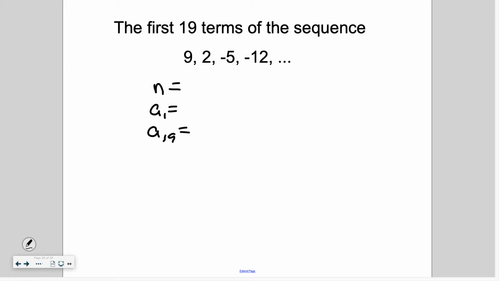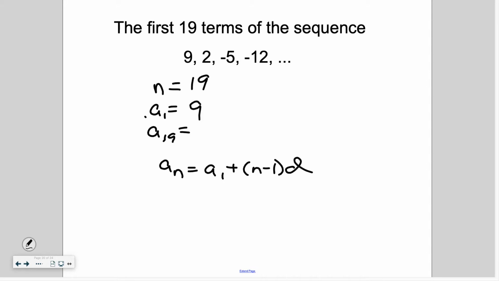19. Do we know our first term? 9. And then we're going to have to figure out what the last term is, right? So this would be a situation where we'd use that formula, the a1 plus the n minus 1 times d, which you can honestly just plug in 19 for n, 9 for a1, and then our difference in this case is -7.